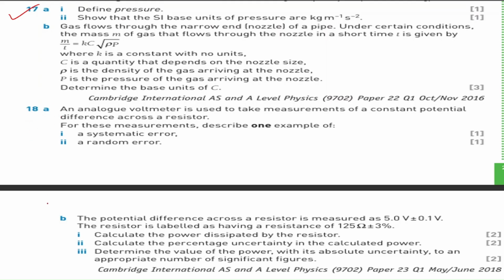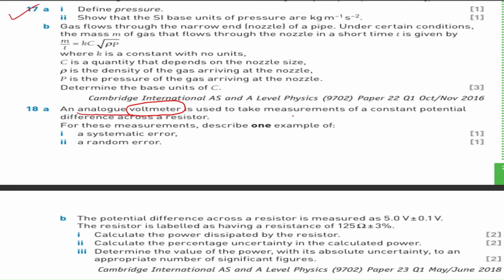Again, this is divided into two sections, A and B. In A, the analog voltmeter. The voltmeter is used to measure the voltage difference between any two points in the circuit. It may be a resistor, it may be some kind of load.